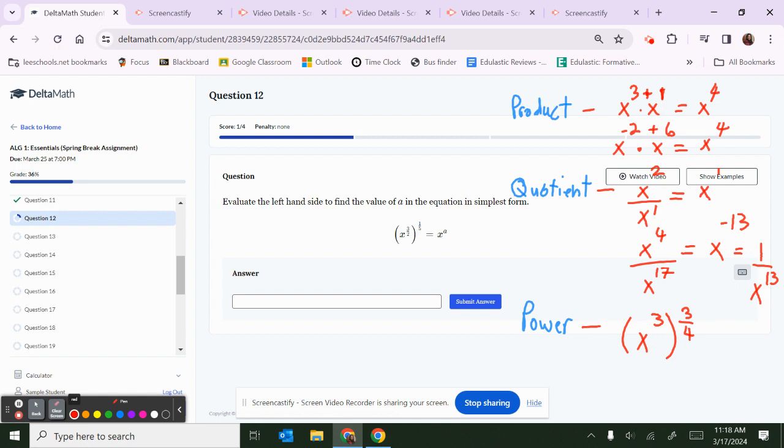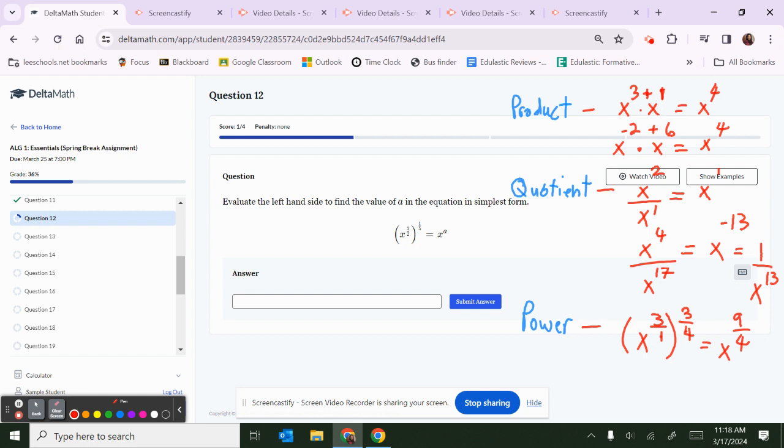So this 3 is the same as 3 over 1, so when I multiply my numerators, 3 times 3, I get 9. And when I multiply my denominators, 1 times 4, I get 4. So those are the three rules.